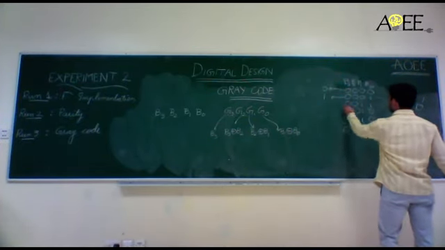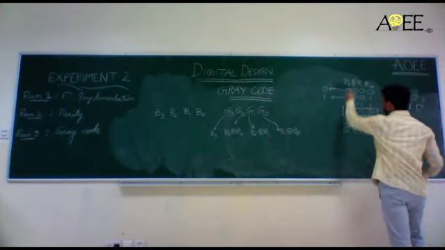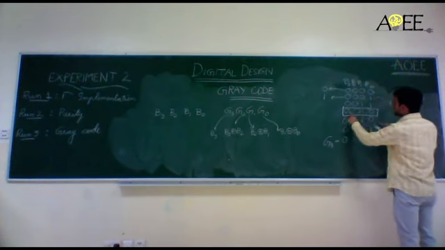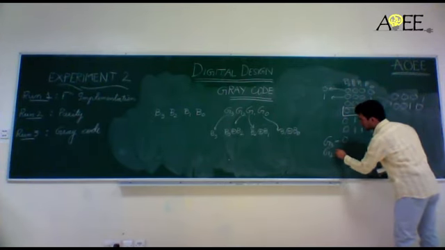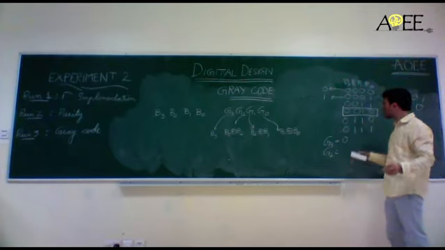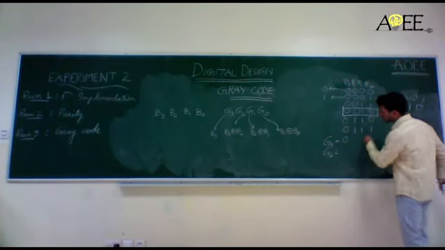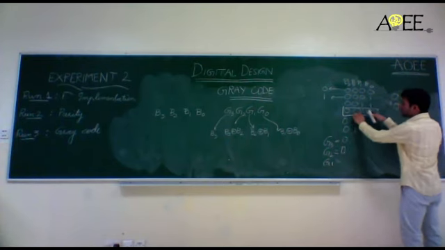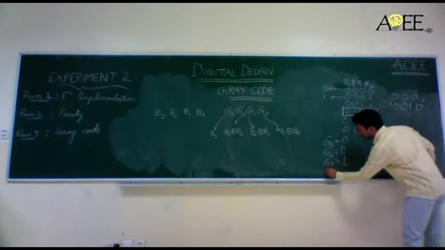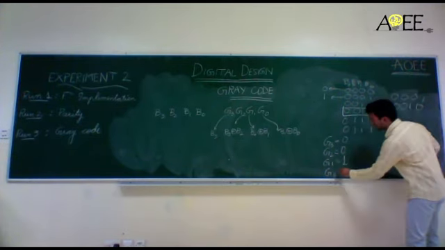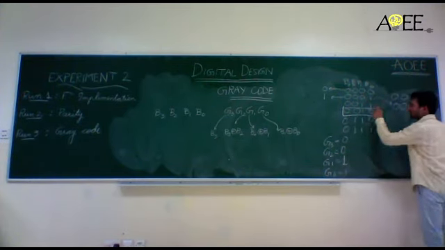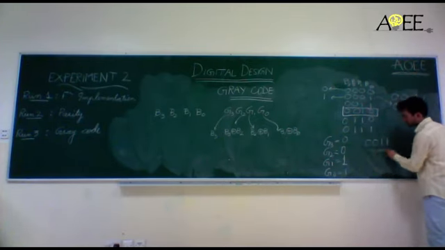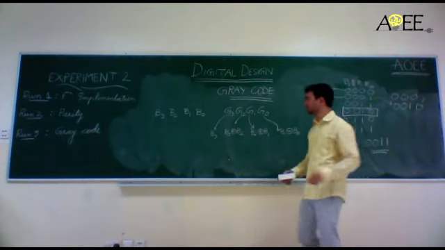So if I take this, G3 is equal to 0, G2 will be the XOR of these two. XOR, as stated, is odd parity. Both inputs being 0, the output is 0. G1, the XOR of these two, will give me 1, and G0, the XOR of these, will give me 1. So the gray code for this number, if this is considered to be binary, is 0011. That's how gray codes are done.